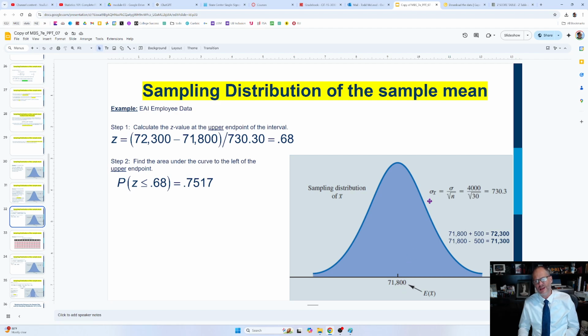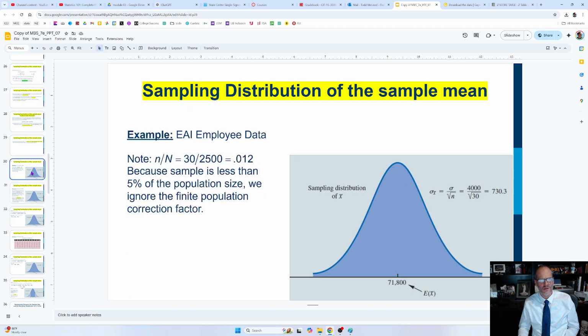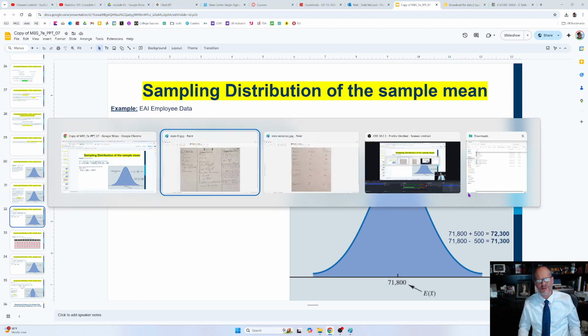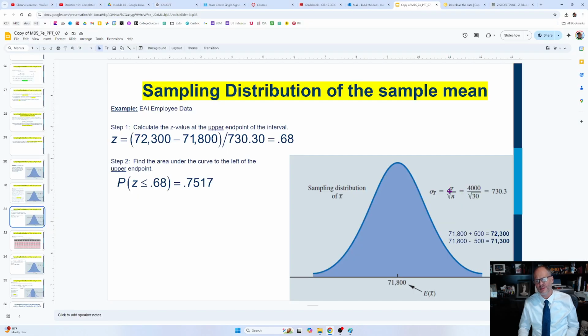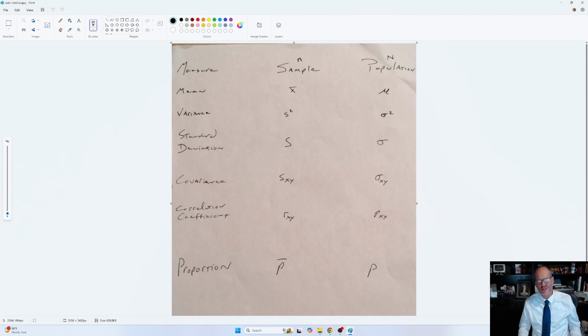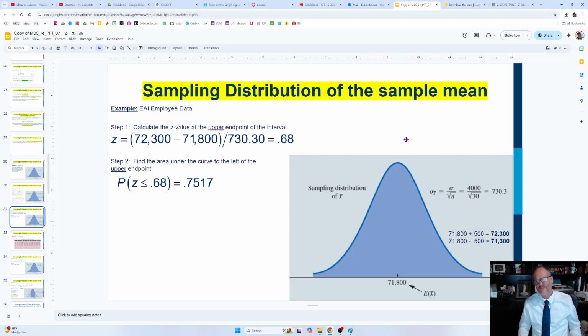We could calculate our z value with the standard deviation of the population, 4,000, which is just given to us. That's the standard deviation of the population, sigma, right there. There it is, I'll draw around it. Control Z to undo that.